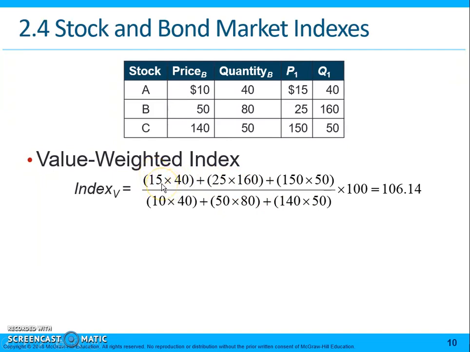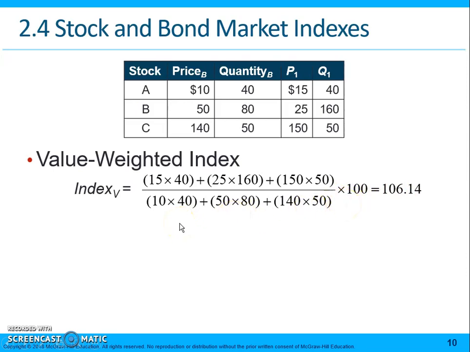Then at the end of the period you have 15, the price, times 40, and then 25 times 160, plus 150 times 50. Divide by the beginning value and multiply by 100, and you get an index value of 106.14.